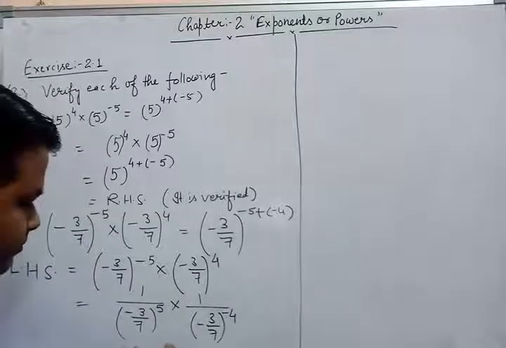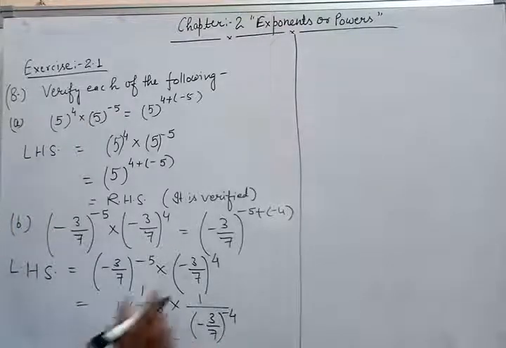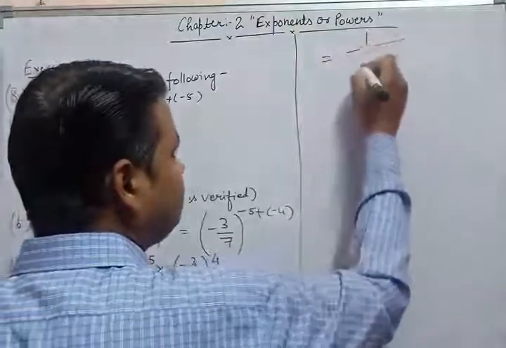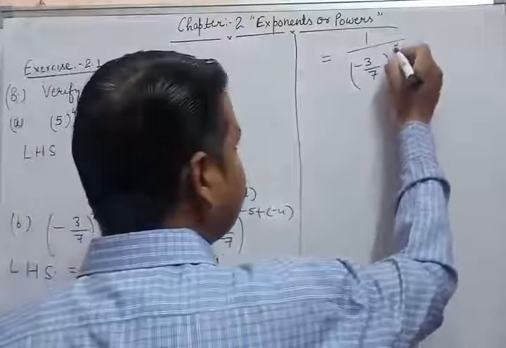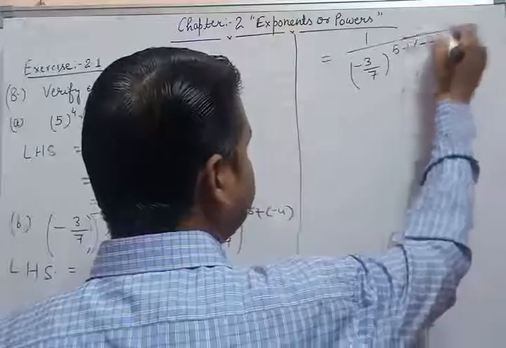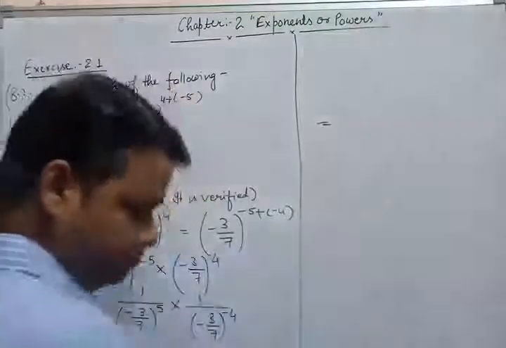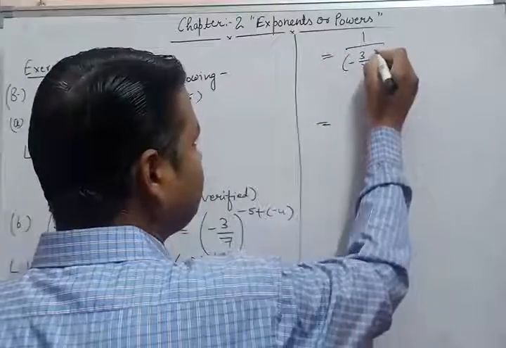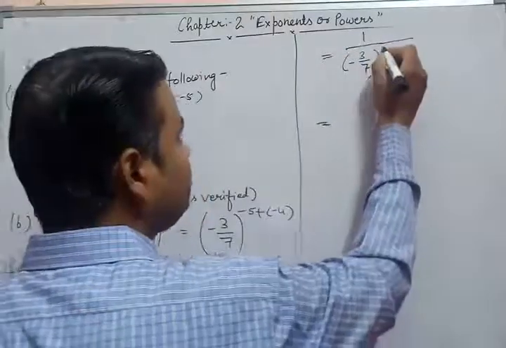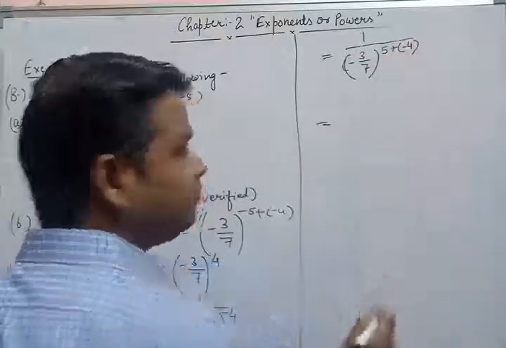Here both bases are the same, then we can write 1 upon minus 3 upon 7 to the power 5 plus minus 4.